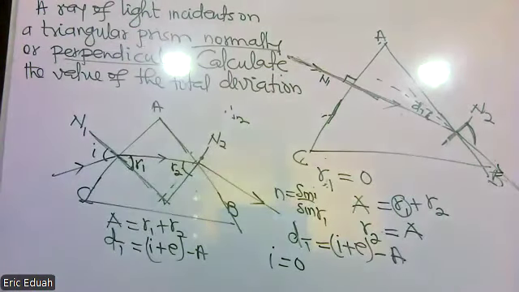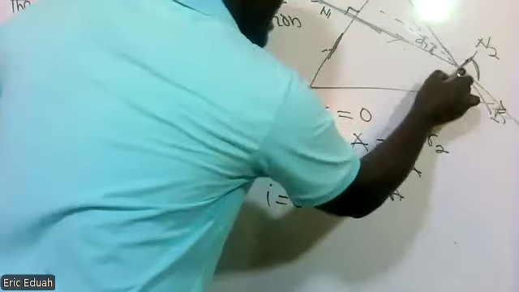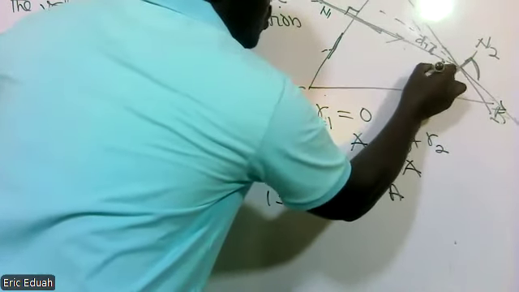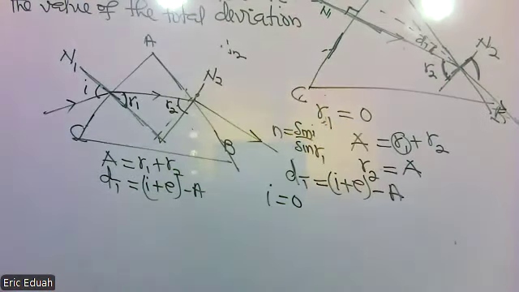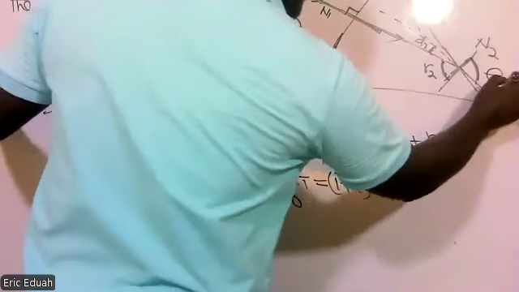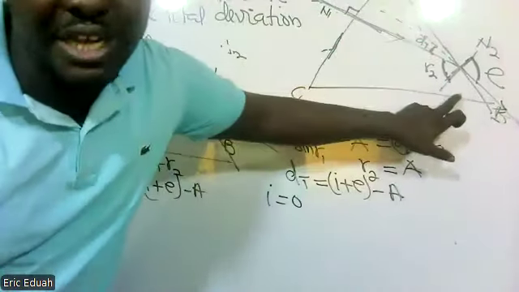So knowing the refractive index of the glass block, if this is dt, then this will be R2. This is the angle of emergence E. This is the second angle of refraction.